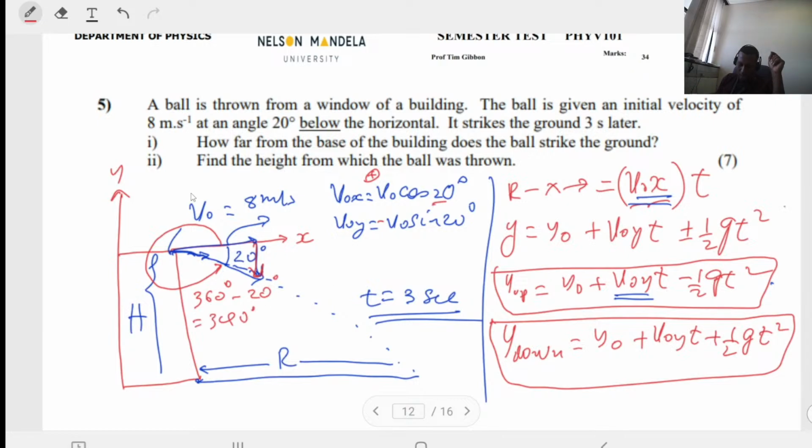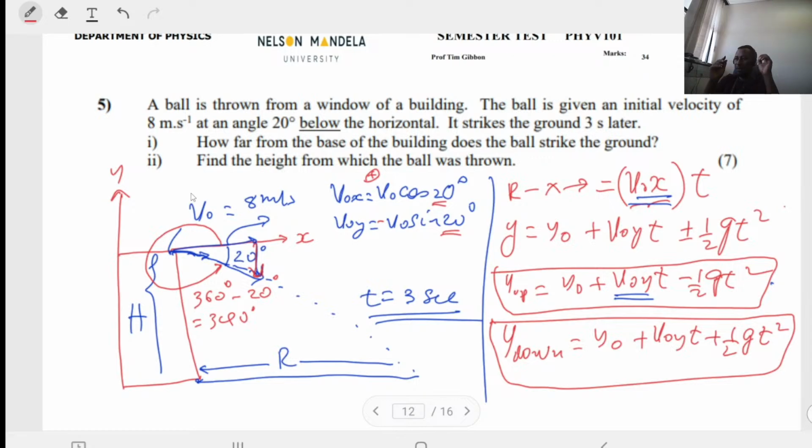Instead of writing 20 degrees and putting a minus and a plus in front, you could say 340 degrees and forget about the positive or negative sign. But also, if you just say the x component to the right is positive and the y component is down, which is negative, I could simply use the 20.